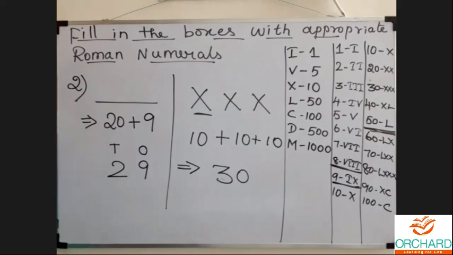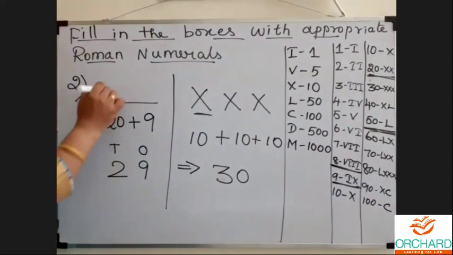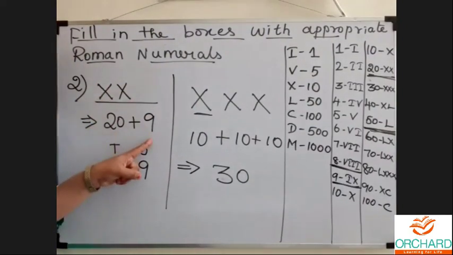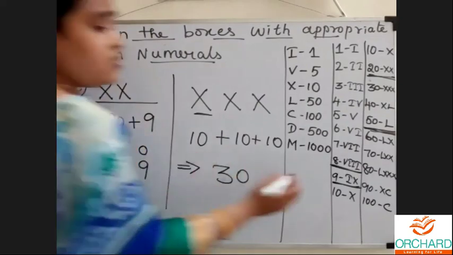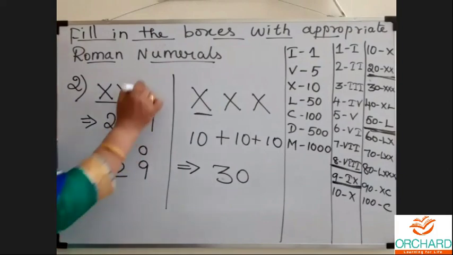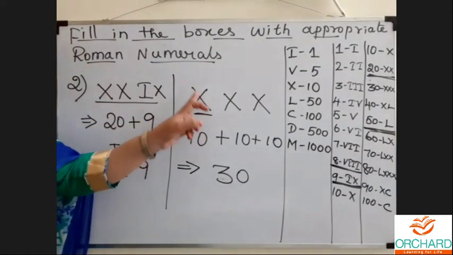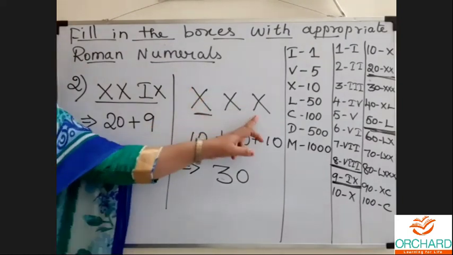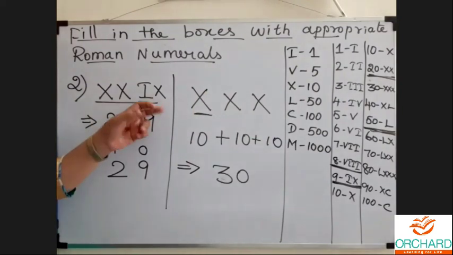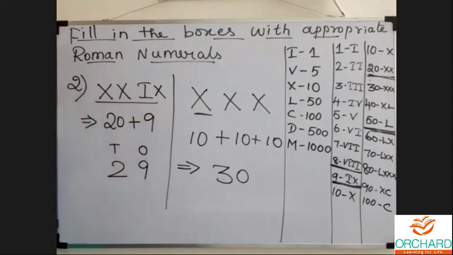Just check the Roman numeral chart. 20 can be expressed as XX. And the next value, 9, can be expressed as IX. So the predecessor of XXX is nothing but XXIX. That is, the predecessor of 30 is 29.